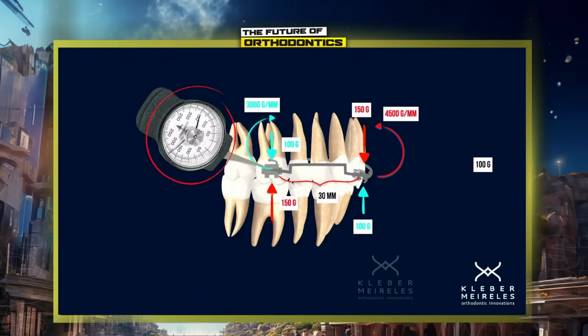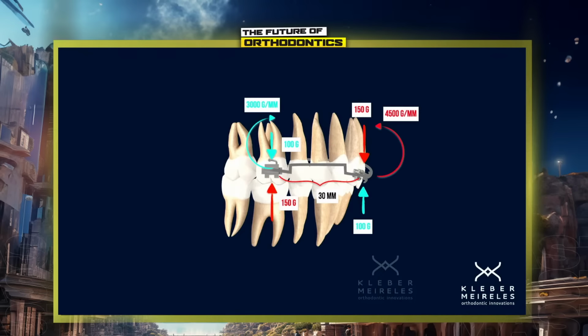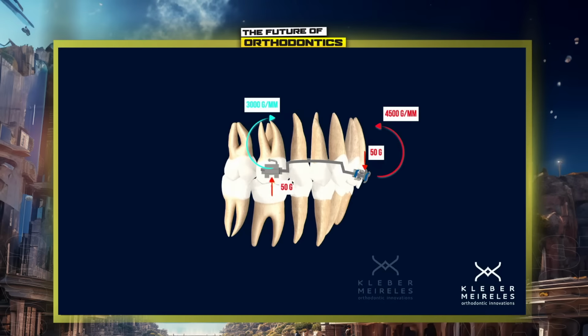What's going to happen in such a situation? If I do the calculation here, I will have 50 grams in the anterior segment for extrusion, not intrusion, because of the unbalanced system that I created here. And I have more moment here than in the posterior segment.